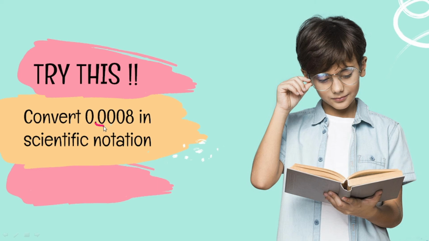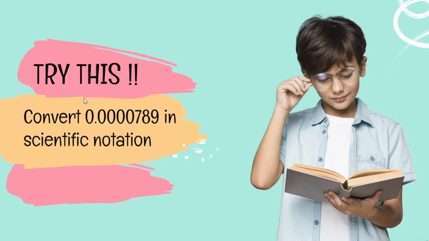So we have 1, 2, 3, 4 para may maiwan na isa before the decimal point. So we have 8. 8 times 10 raised to negative 4. Kasi nag-convert tayo ng very small number. Ilang beses tayo nag-move? 4 times. So we have 8 times 10 raised to negative 4.